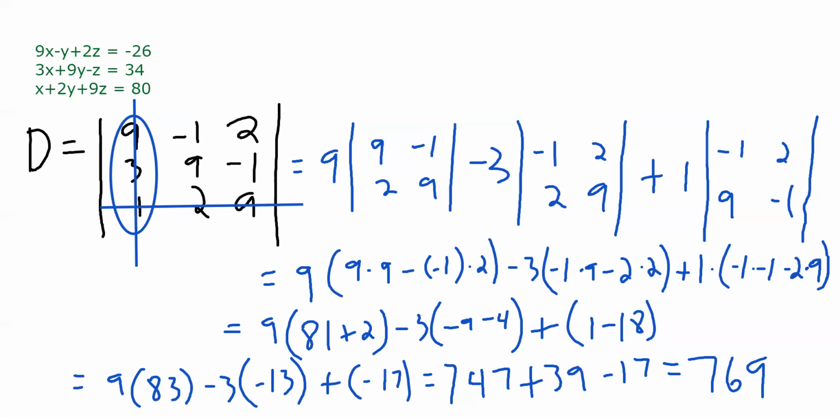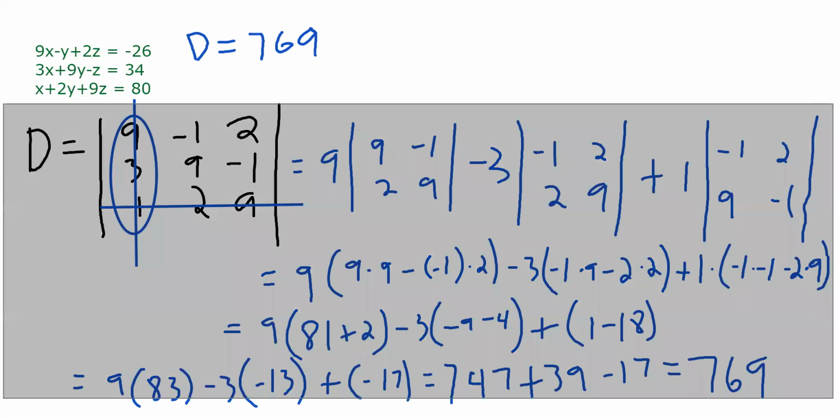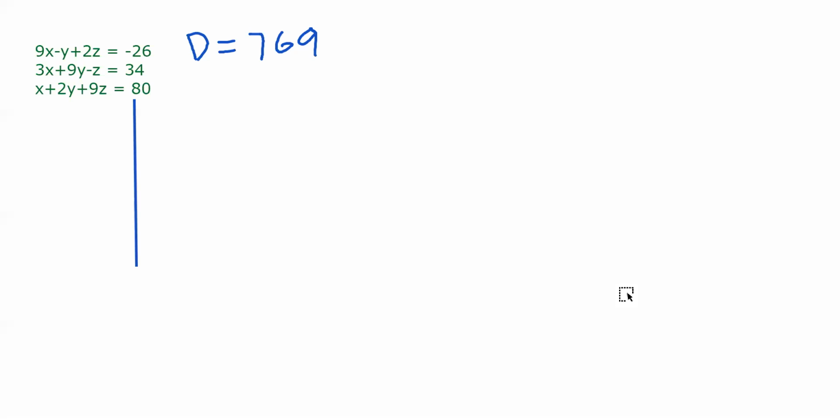And yes, 769. So I'm just going to kind of write them along the top here, what each of them are. D is going to be equal to 769. And now I have the blessed joy of deleting all this.